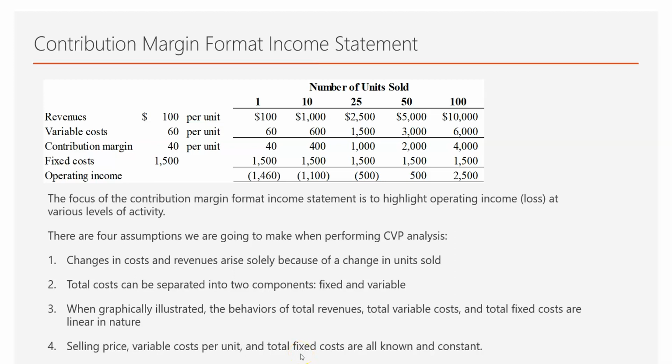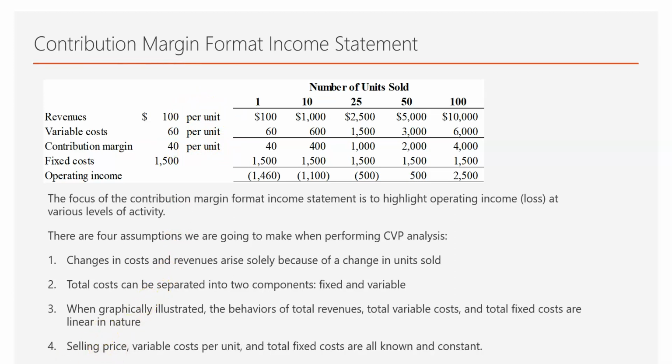Now there are four assumptions we're going to make when we're performing cost volume profit analysis. We're going to assume that changes in cost and revenue, all these numbers here, are going to change only because there's a change in units sold. In other words, my per unit costs are going to remain the same.